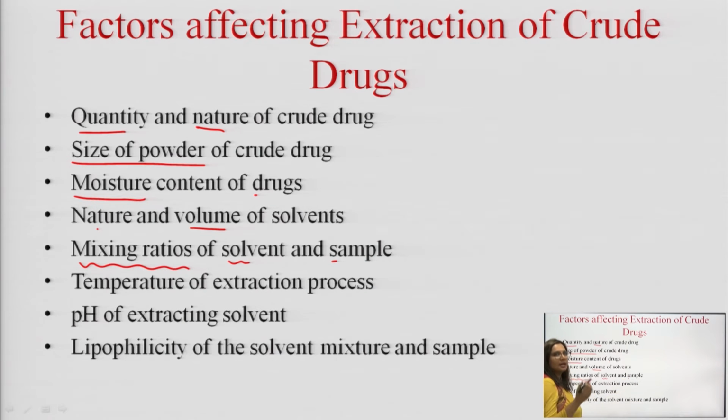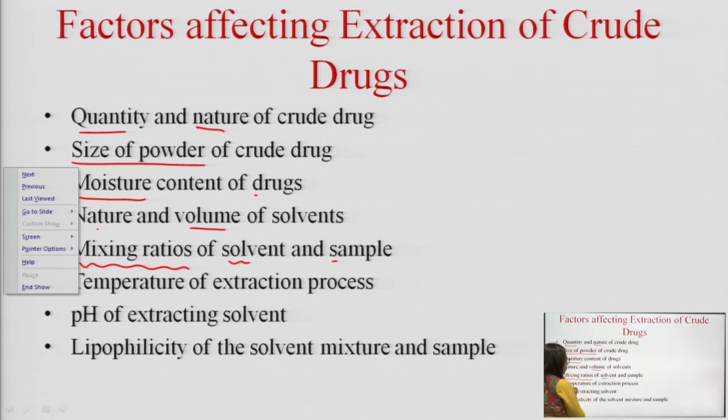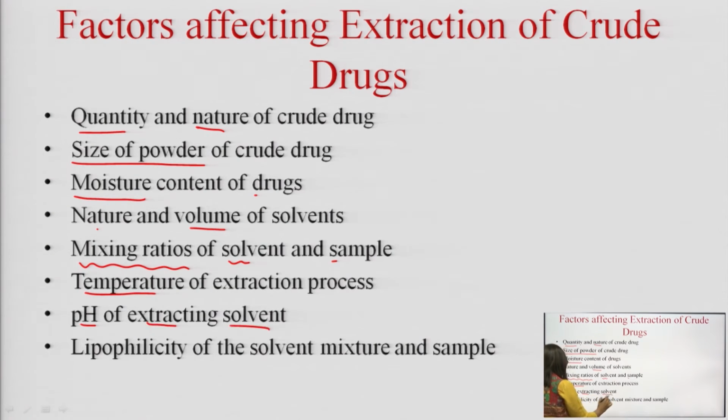We shall discuss them further in the presentation. Another important factor here is the temperature of the extraction procedure, pH of the extracting solvent as well as the lipophilicity. Here I must take the privilege to explain the moisture content of the drug.